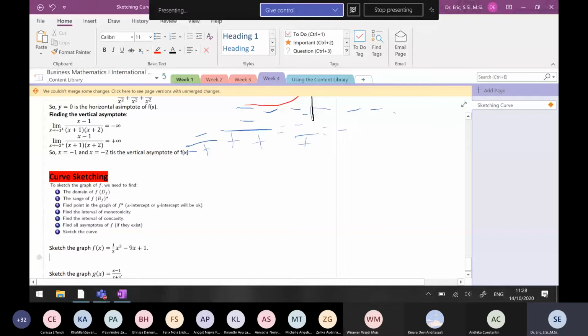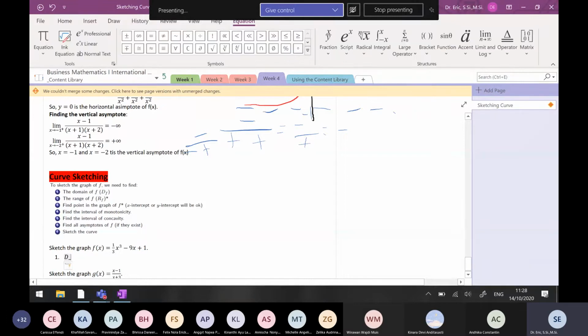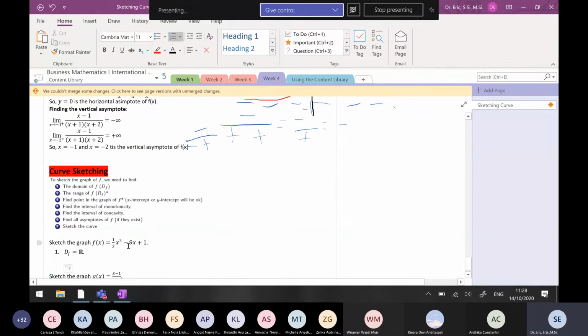First of all, okay, let's find the domain. Okay, this is a polynomial. So I know the domain is all real. Okay, yeah. What about the range? It's rather hard, yeah.